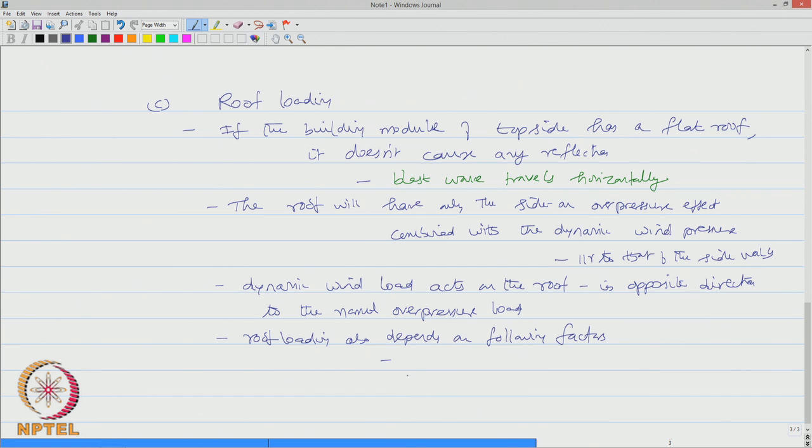It depends upon the ratio of blast wavelength to the span of the roof member. It also depends upon the orientation with respect to the direction of propagation of the blast wave.